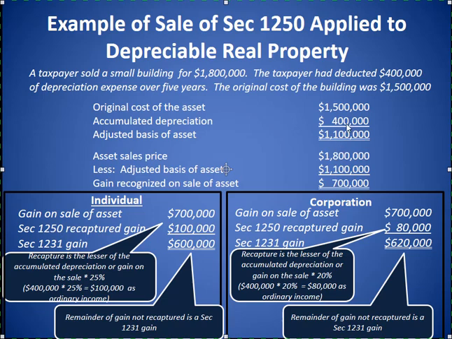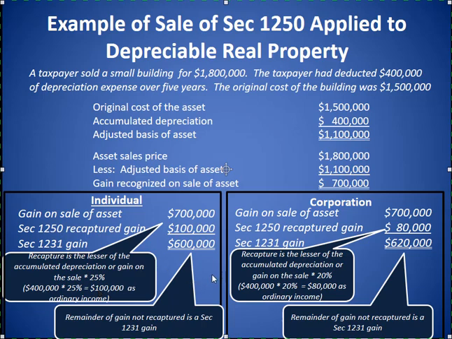So the accumulated depreciation is the lesser of. So it would be $400,000 times the statutory rate for non-corporations of 25%. That means $100,000 would be considered recaptured as ordinary income, and the remainder then would be a Section 1231 capital gain.